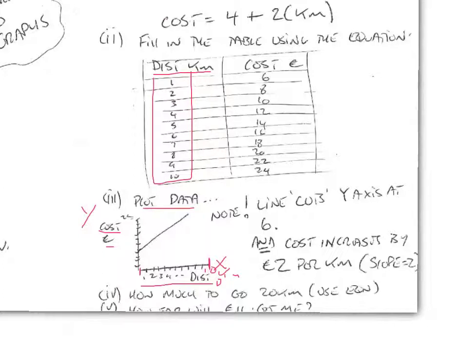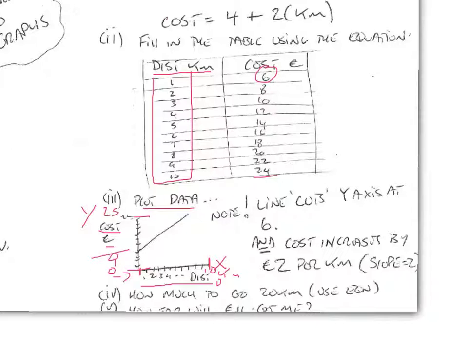And we look at our cost axis, and we see it goes up to 24. So we would graduate our y-axis up to 25 euros. So it's from 0 to 25 on the y-axis, and 0 to 10 on the x-axis.